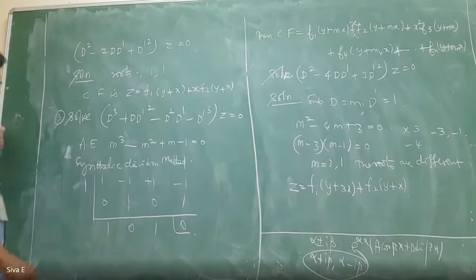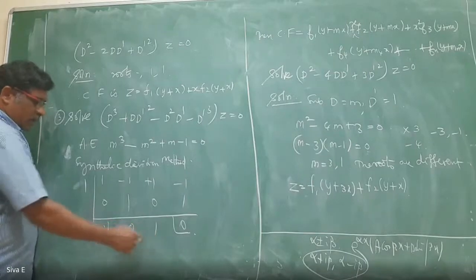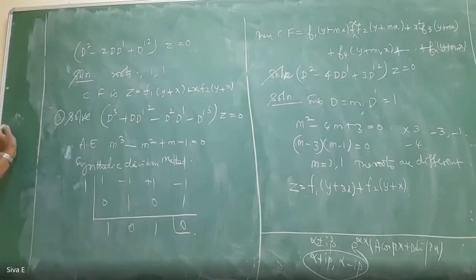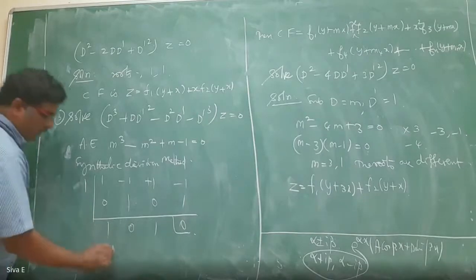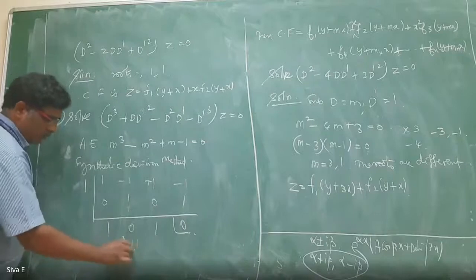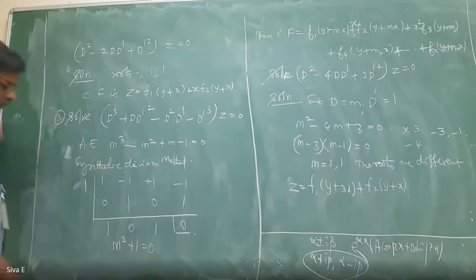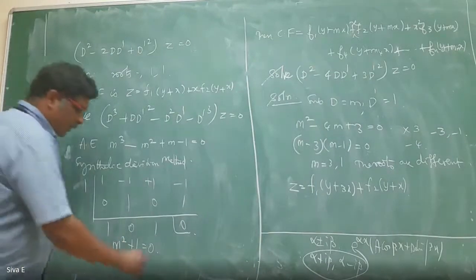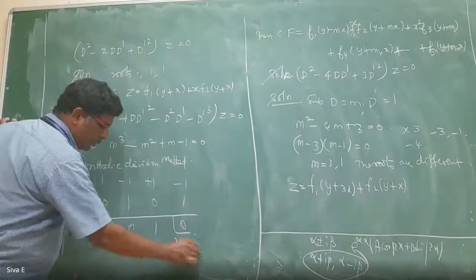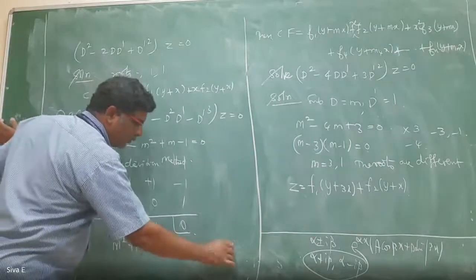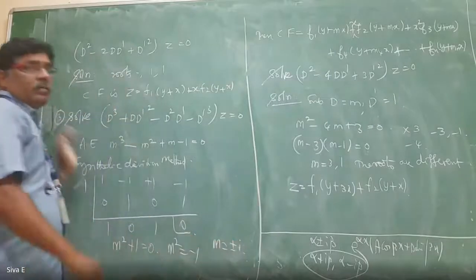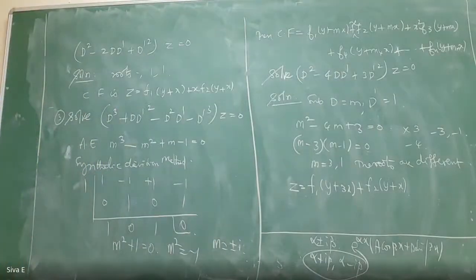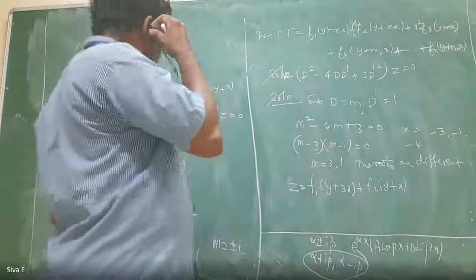The remaining equation is m square plus 1 equal to 0. M square equal to minus 1. M equal to plus or minus i.